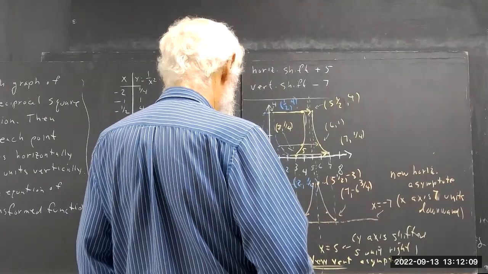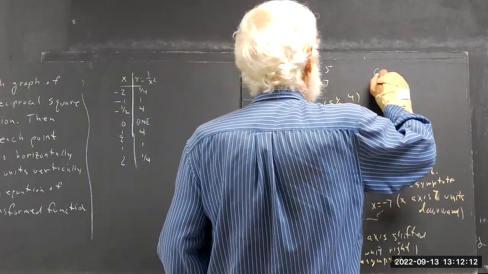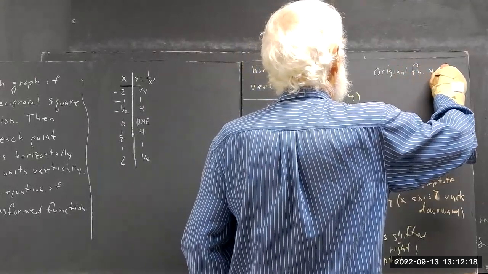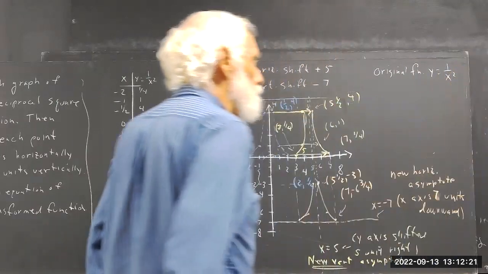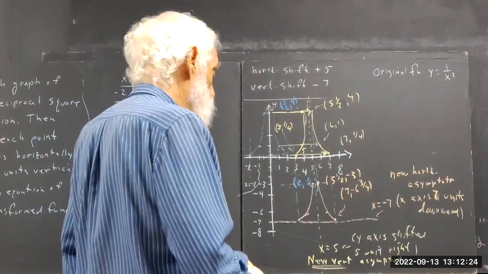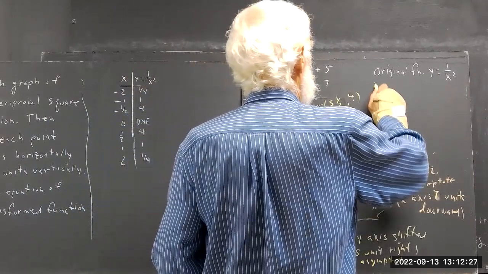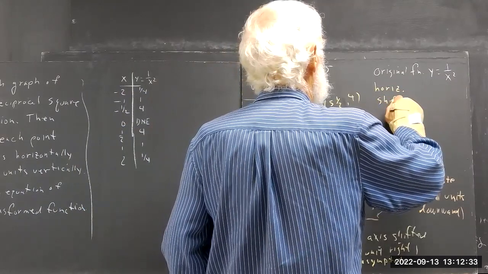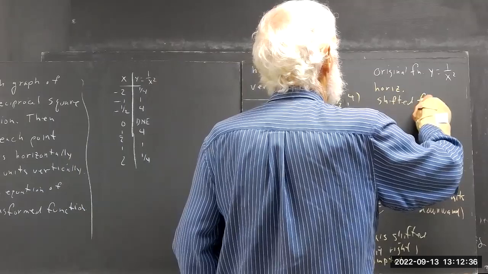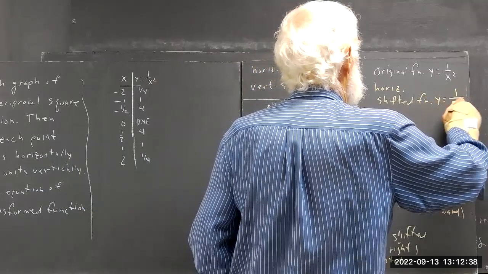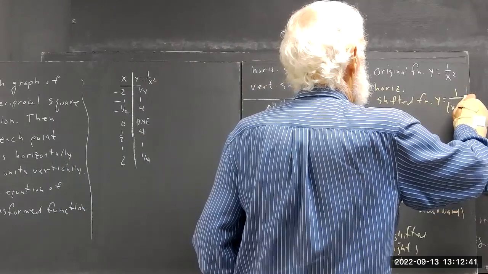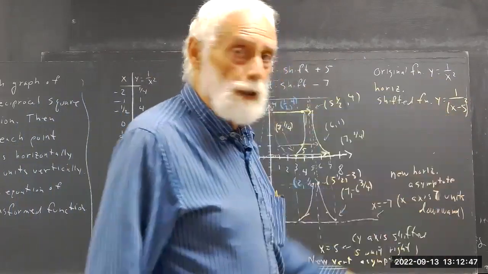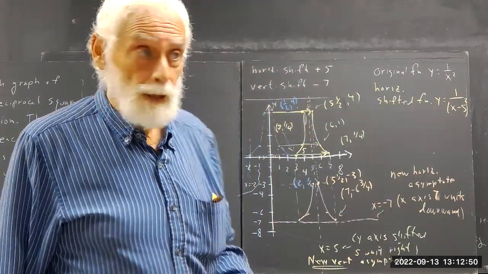The original function y equals 1 over x squared. The horizontally shifted function is y equals 1 over the quantity x minus 5 squared, not x plus 5 squared.